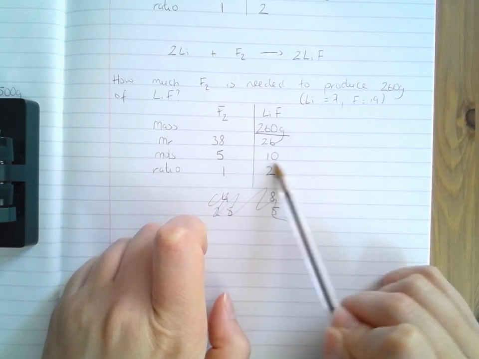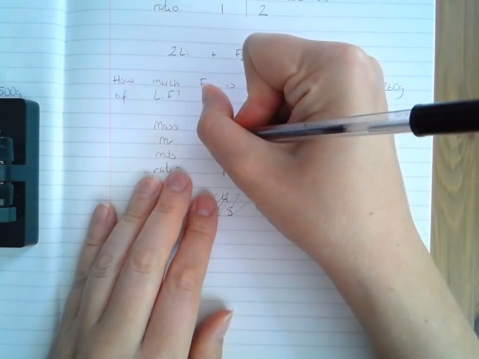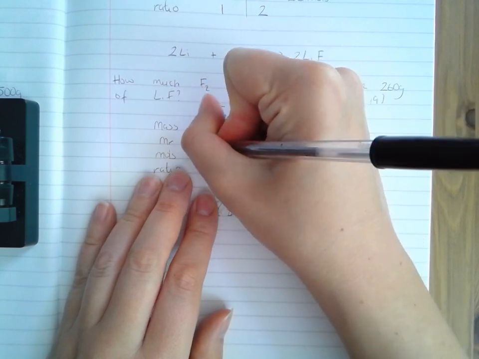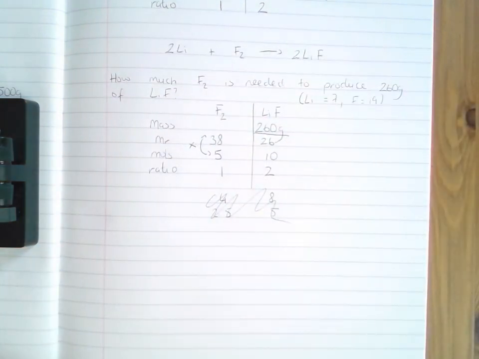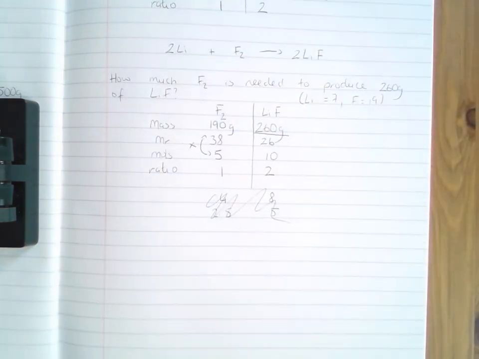The number on the right here is 10. Half of 10 is 5. So I'm going to fill a 5 in there. And then it's going to be 5 multiplied by 38 equals 190 grams of fluorine. So if I wanted to make 260 grams of lithium fluoride, I would need 190 grams of fluorine.